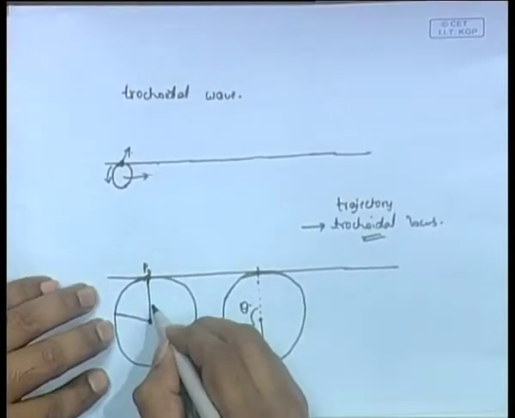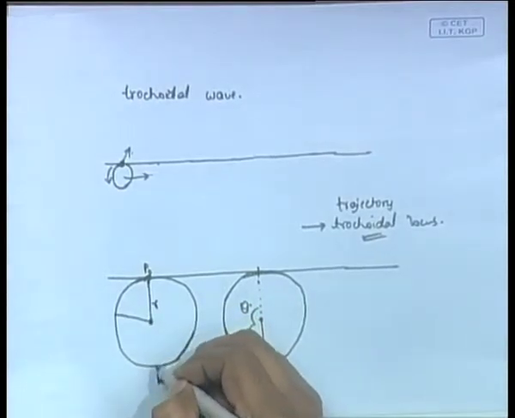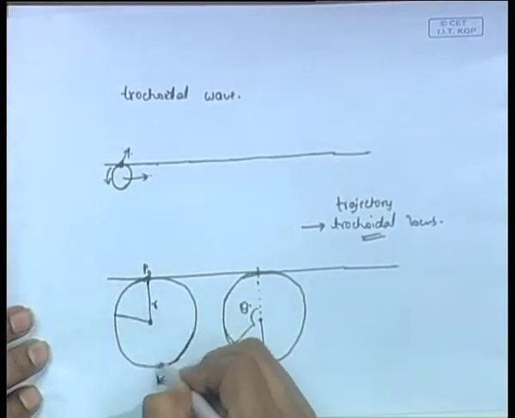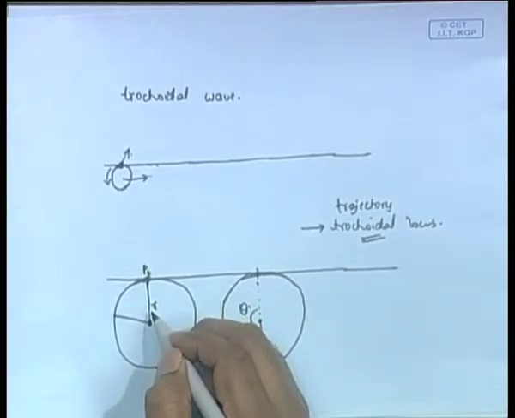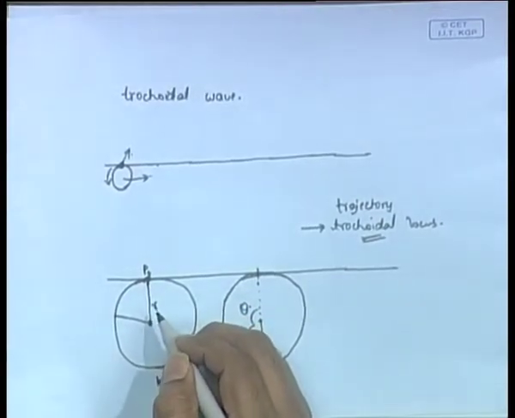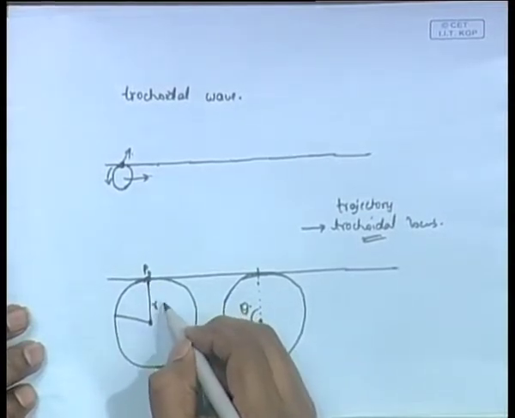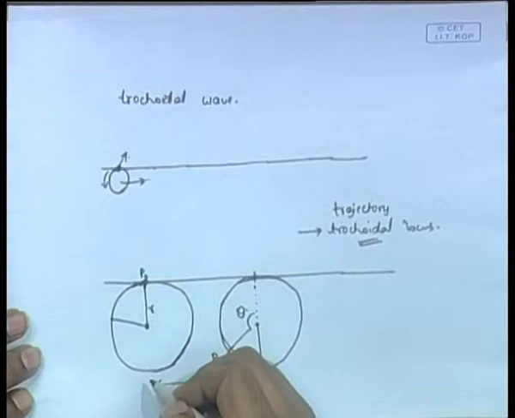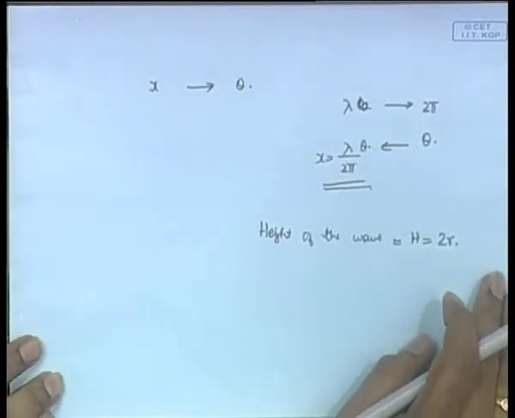So, this is the circle, this distance is r, and this is another r, because the particle is moving along the circle and can never move a distance greater than r from the center. So, r plus r, 2r, gives you the height of the wave, that is the maximum distance through which the wave moves.